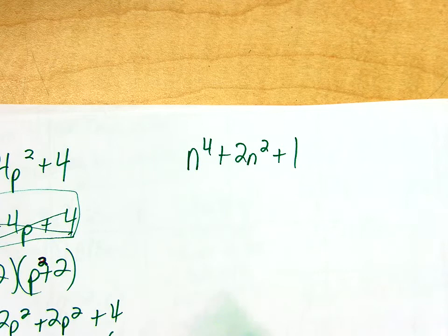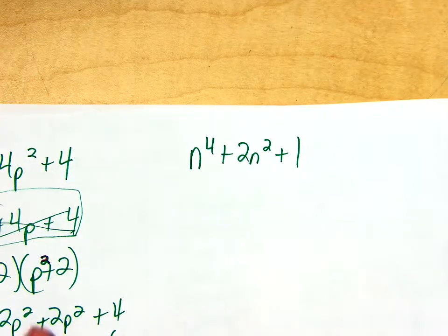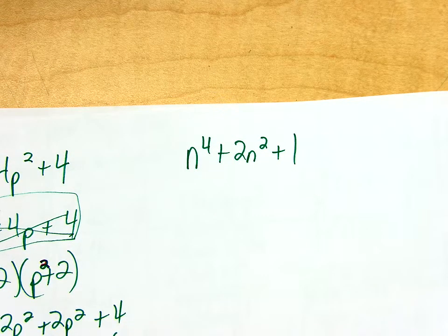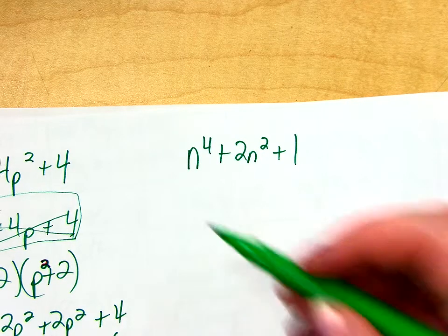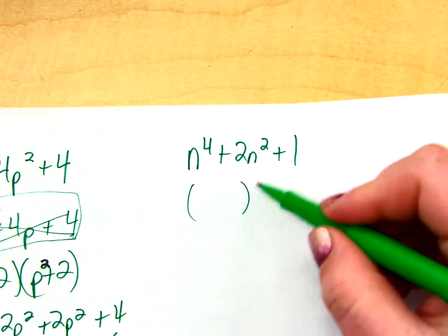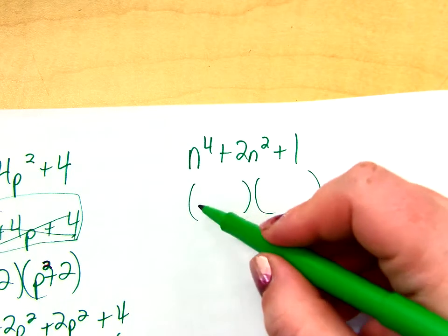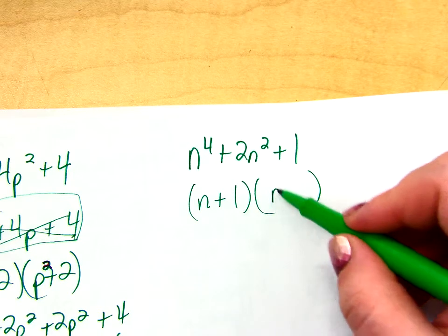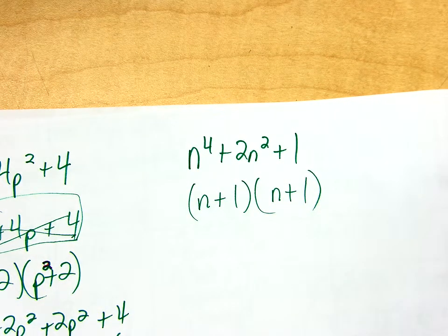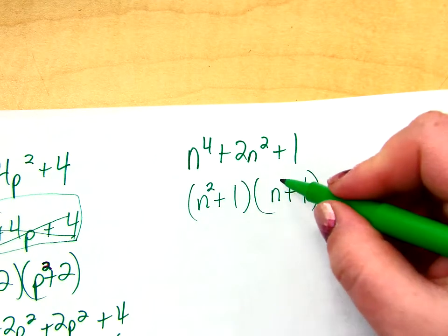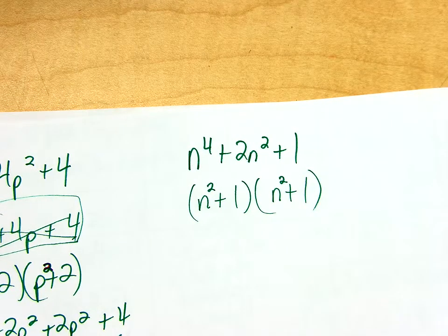A is 1, so I still just want factors of 1 that add to be 2. What are factors of 1 that add to be 2? 1 and 1. So instead of it just being n plus 1 and n plus 1, it's going to be n squared plus 1 times n squared plus 1.